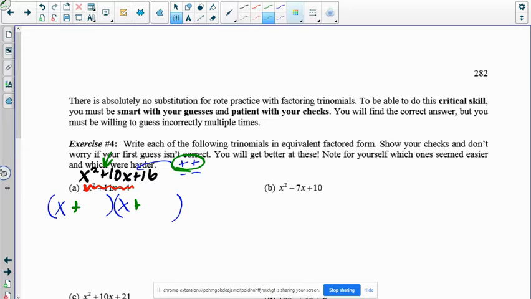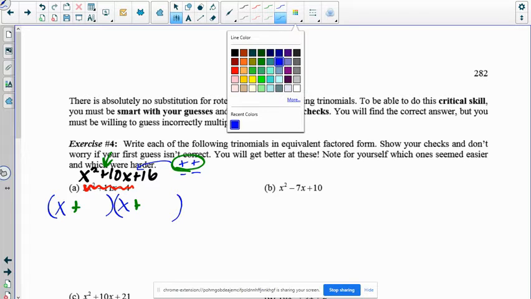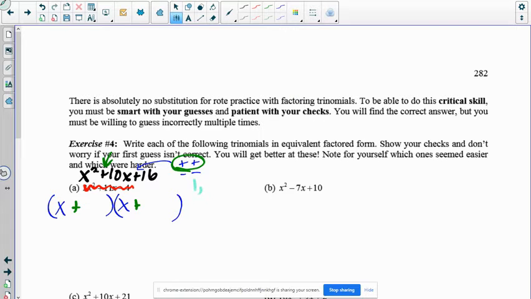So what I'm looking for now is factors of 16, numbers that multiply together to be 16. Hopefully you can see this. 2 and 8, 3, nope, 3 doesn't work, 4 and 4. So which of these values, when I combine them, is going to give me 10? 2 and 8.